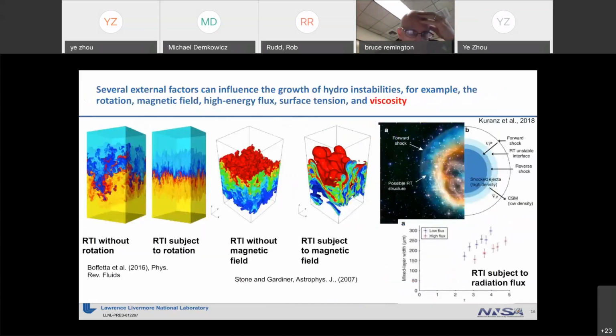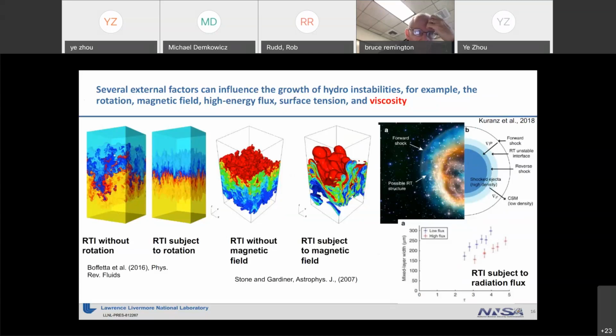Okay, so what kind of external factors can influence the growth of the instabilities? There are several different examples. One is system rotation. Here is a numerical simulation of the Rayleigh-Taylor instability at a later time without rotation.